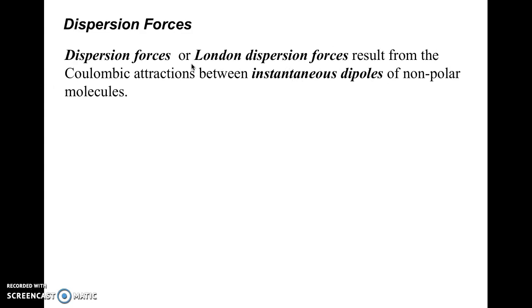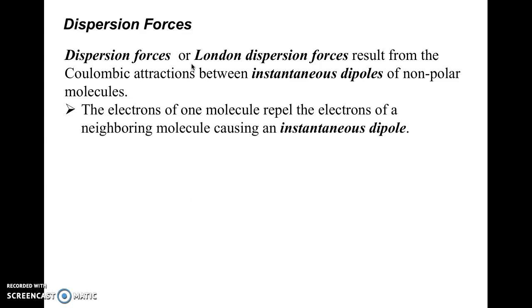All right, a third form of intermolecular force are the dispersion forces. These used to be called London dispersion forces, and you may see that in some books. This is where you get an instantaneous dipole in nonpolar molecules. The reason for that is molecules all have electrons on the outside.